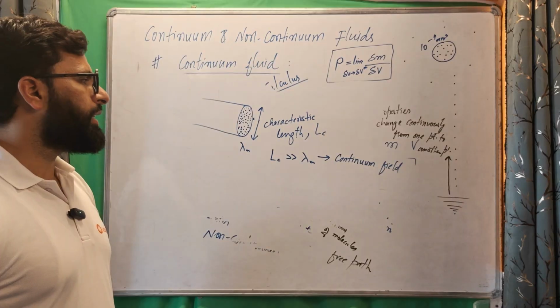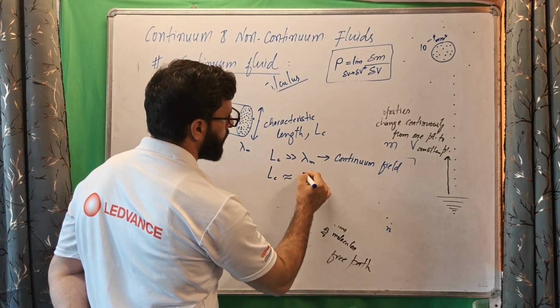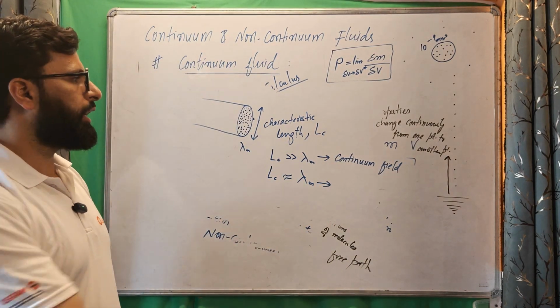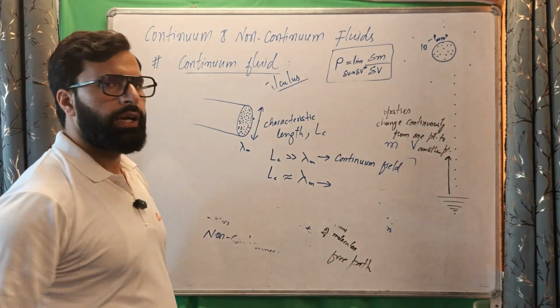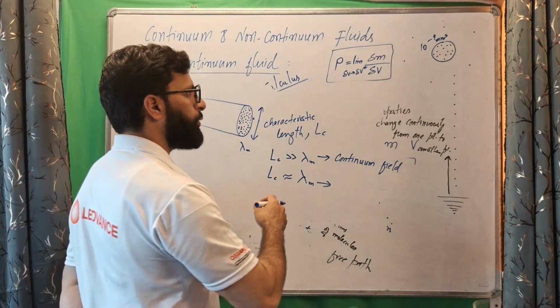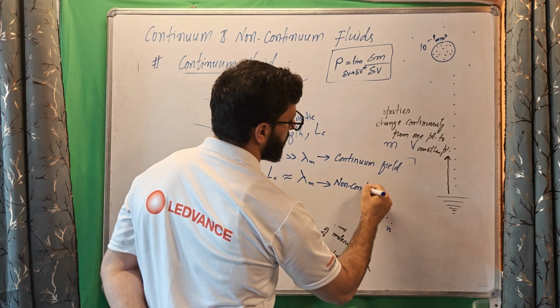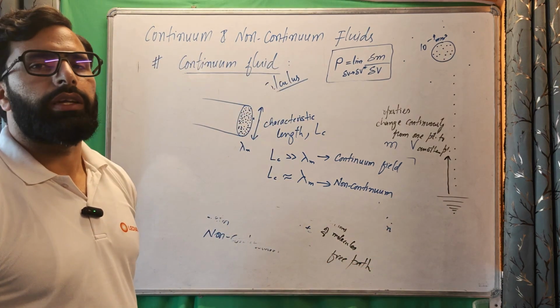Now, in many cases, we will see the characteristic length is comparable to the mean free path. In that case, we cannot treat it as a continuum fluid, and we cannot apply the continuum equations. We have to treat it as non-continuum fluid and use non-continuum theory.